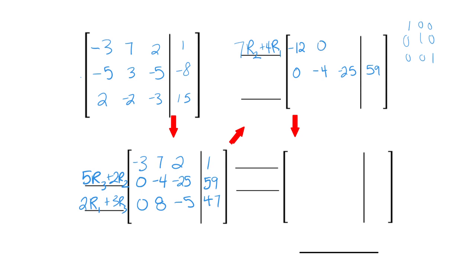Let's do it again. I'm going to do 7 times negative 25. All right, I think it's time to get my calculator out. So 7 times negative 25. And then what you're going to do is you're going to add 4 times row 1. So 4 times 2, that's an 8. So I'm just going to add 8 to that. And my answer is negative 167.